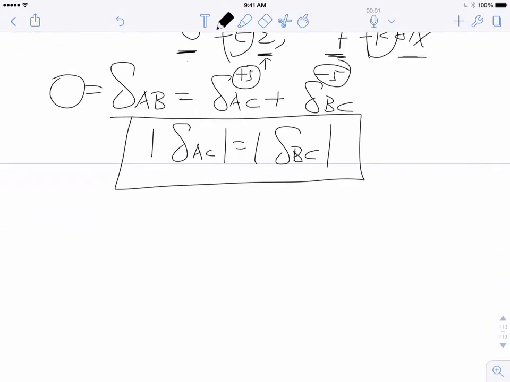Now let's go back to the concept I just introduced. The concept I introduced is called statically indeterminate axial loaded members.